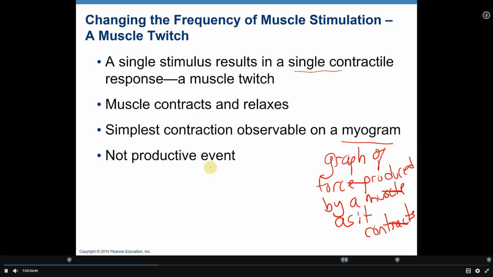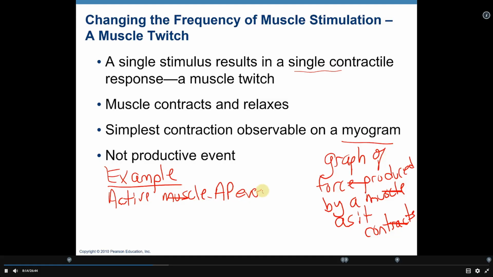So let me give you an example about the frequency here, because we're talking about frequency of action potential. In an active muscle, so this could be a muscle like your biceps brachii, which is in your upper arm, which helps you lift things, usually you have an action potential every 1 to 2 milliseconds.